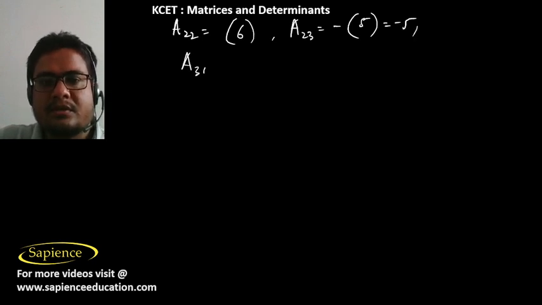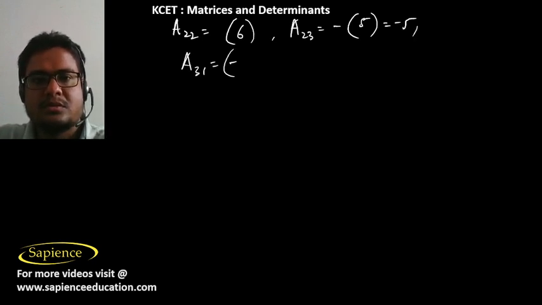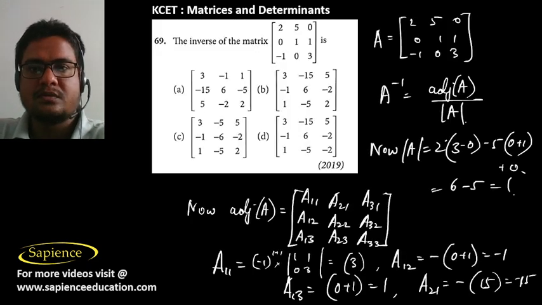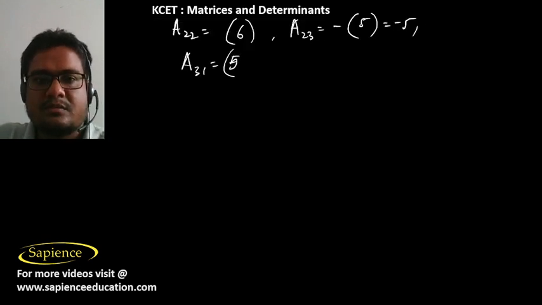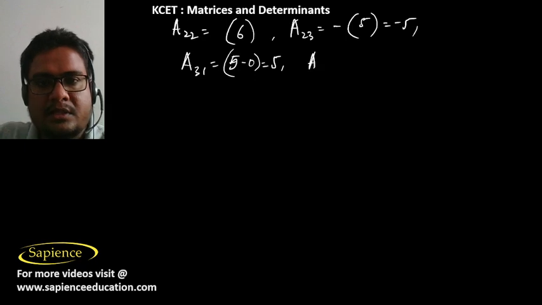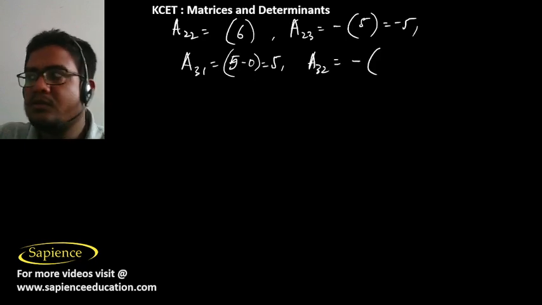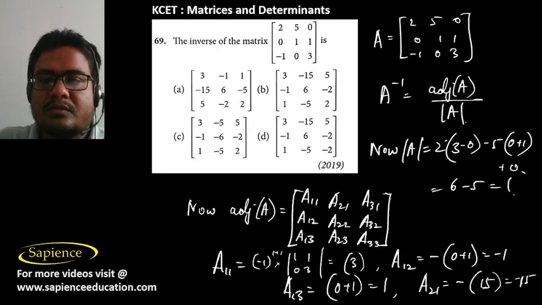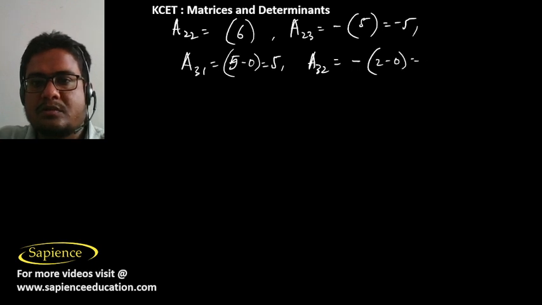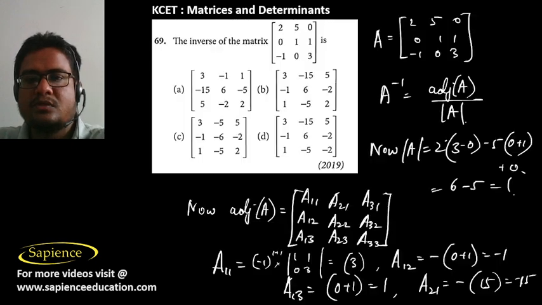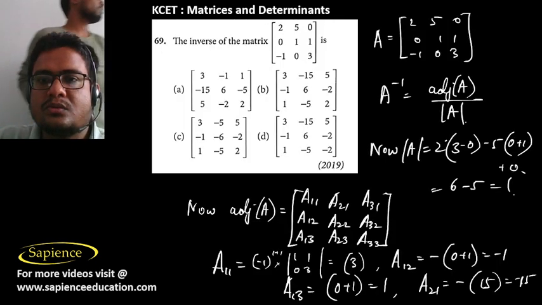Then A31, third row and first column removed, so 5 ones are 5 minus 0, that is 5. Then A32 is minus of third row and second column removed, 2 minus 0. A33, third row and third column removed, so it is 2.